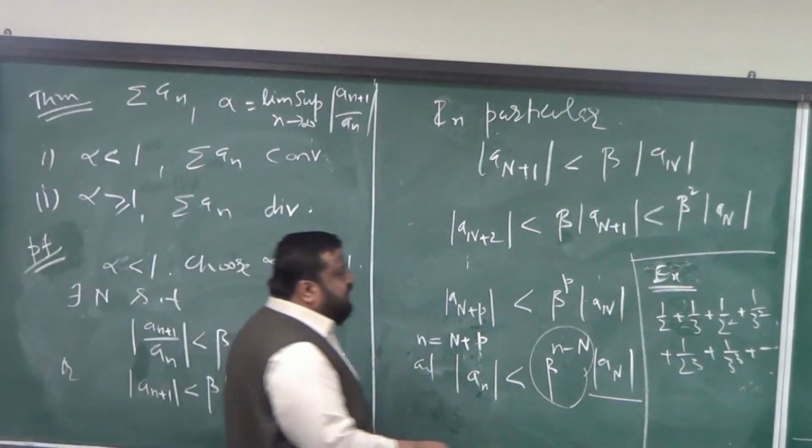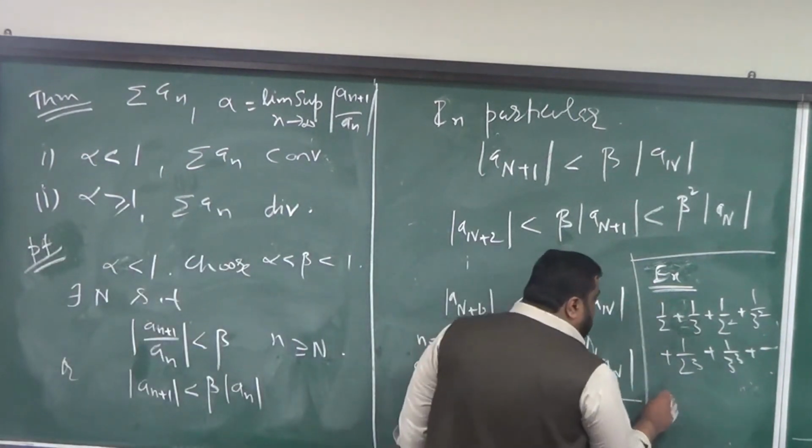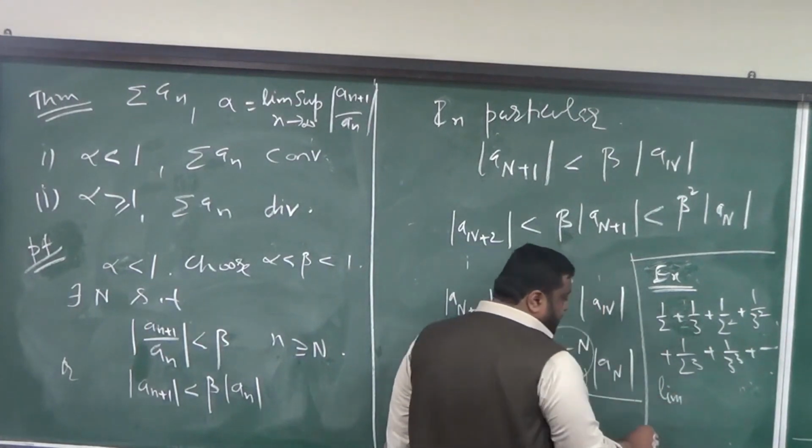So whatever the a_n is, what is going to be the limsup for a_n?